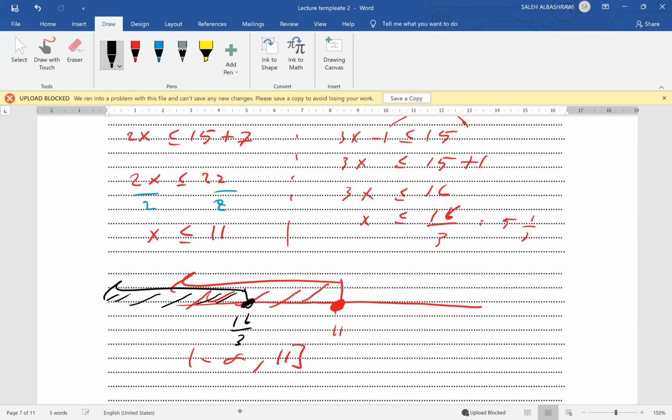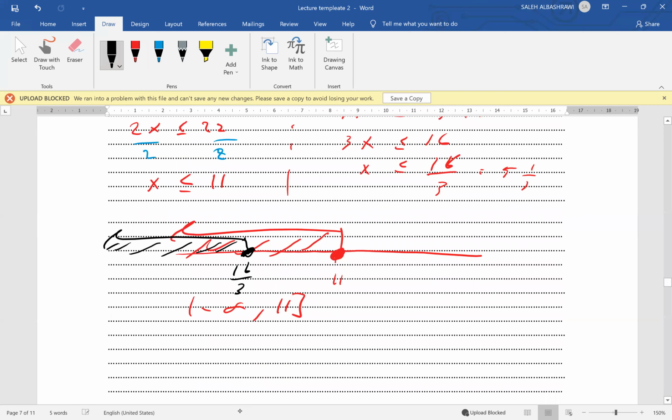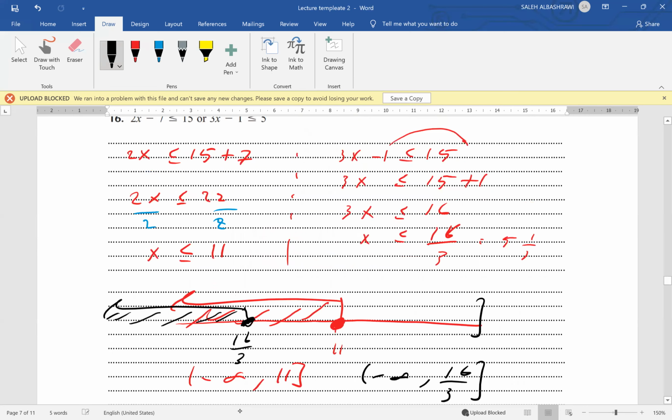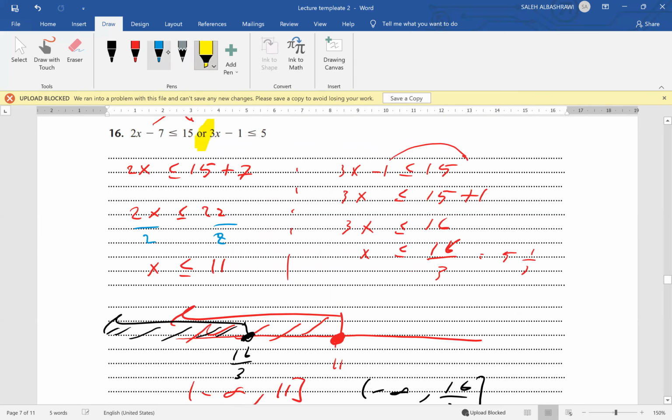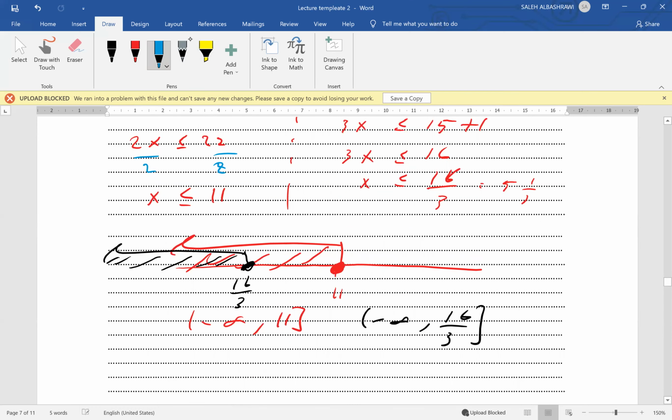Now the solution of the second one is minus infinity to 16/3, closed. But since we have or, this must be a union. Union means adding this part to this one.